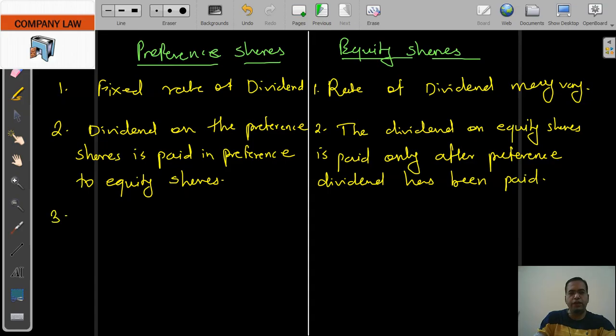Okay, so here the dividend on the preference shares is paid in preference to the equity shareholders. Means before the equity shareholders get the dividend, the preference is always given to the preference shareholders in the payment of the dividend. And here it is just totally opposite to what we have written in the preference shares. They will get dividend only after payment of dividend to the preference shareholders.